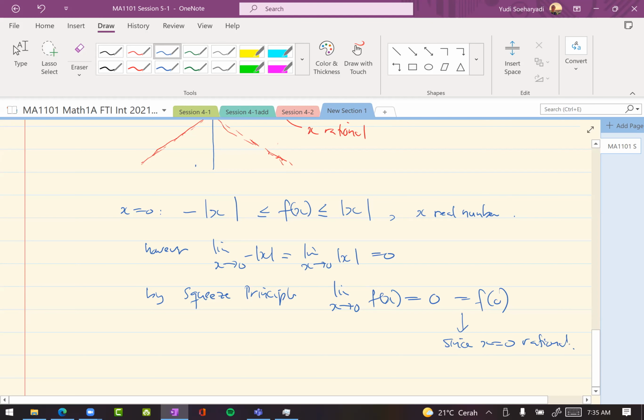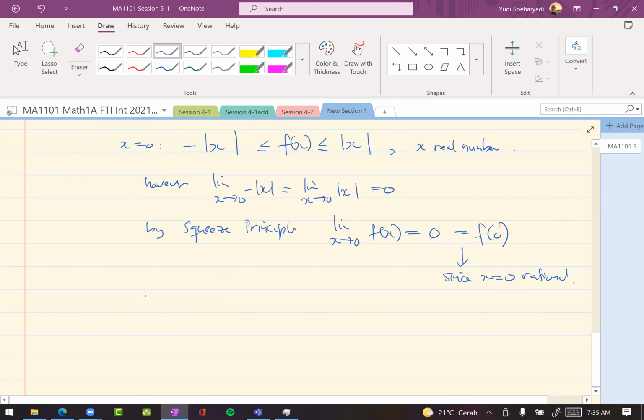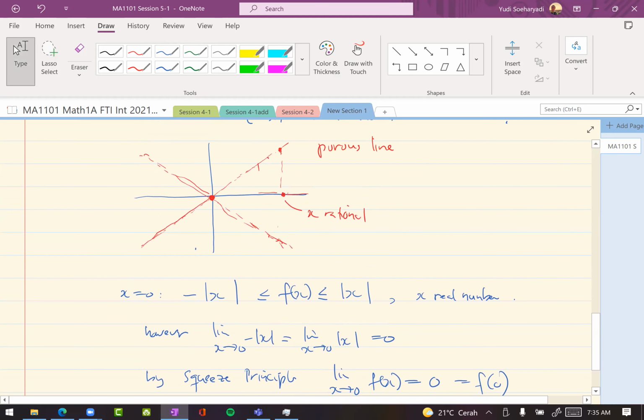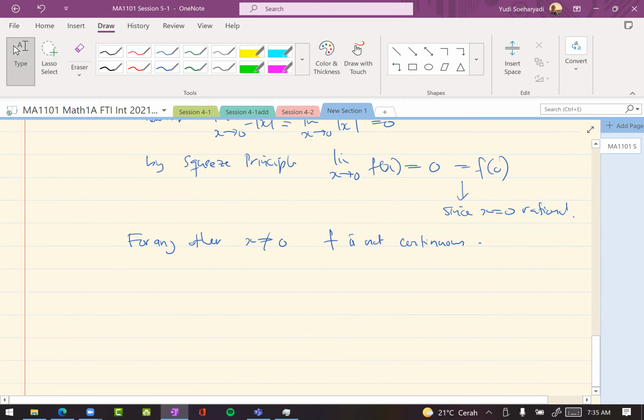Okay, and for any other x not 0, f is not continuous. So 0 is the only point where you have continuity of this function.